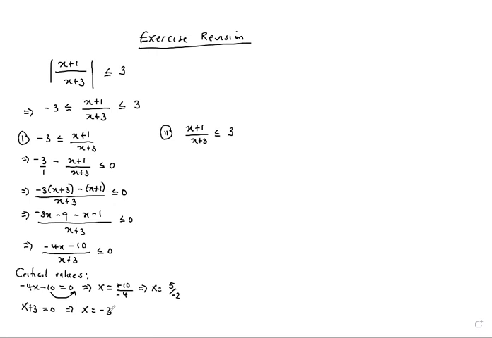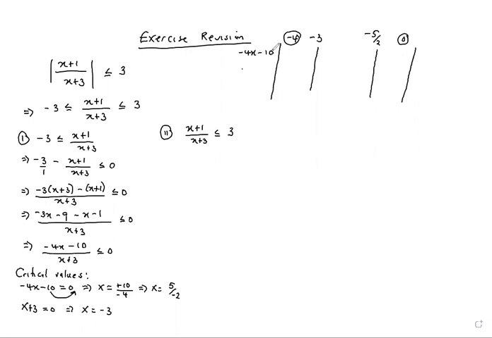Then from there, you form a table. So let me form a table from up here. This is -3, and this is -5 over 2. A number bigger than that is 0. A number less than -3 is -4. And then I'll get the numerator, which is -4x minus 10.